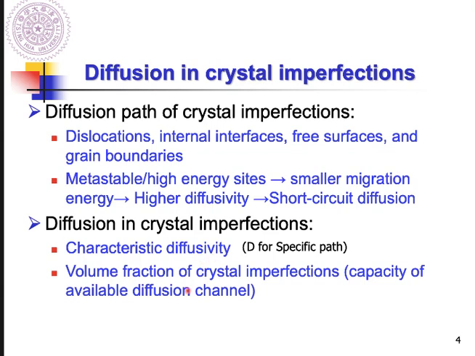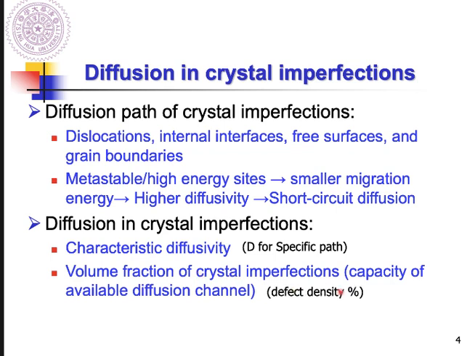And as you know, the volume fraction of crystal imperfection sites in your material plays a very important role in diffusivity. So the capacity of the available diffusion channels is quite important. It's related to the volume fraction of crystal imperfection sites in your materials.